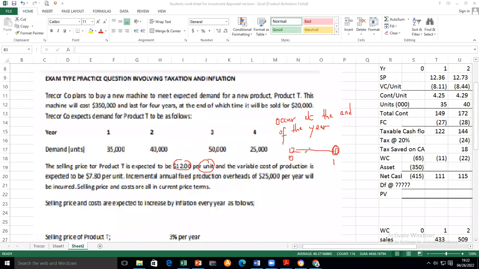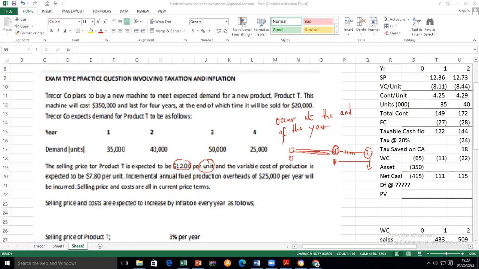So anything that happens in between, in investment appraisal, take it that it all happened at once at the end of the year. Similarly, in year 2, there will be transactions taking place every day during the year. But we say, assume that actually there was a single lump sum of all these at the end of the year.